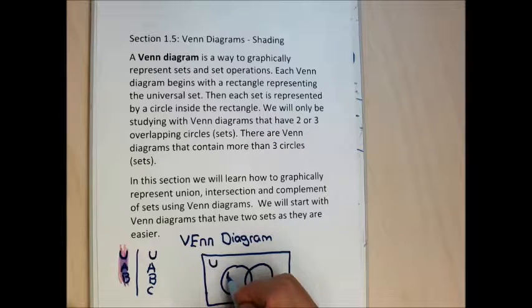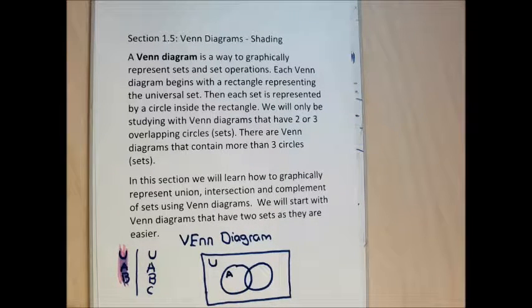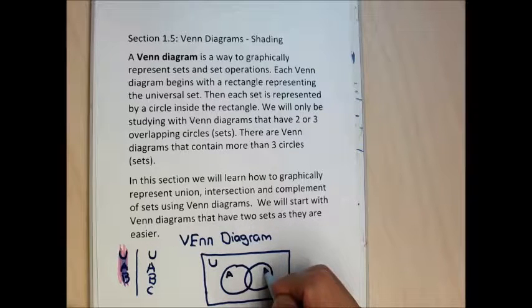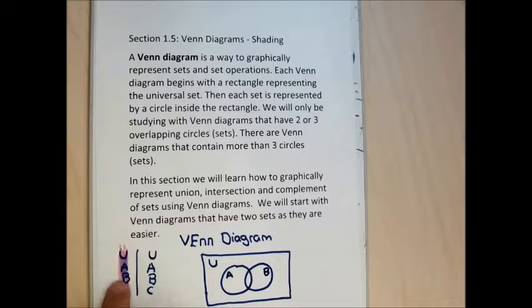And I generally write the names of the sets somewhere either in the circle or right next to the circle, depending on what I'm feeling inspired by at the moment. So this would be a pictorial representation of a universal set with the subsets A and B.